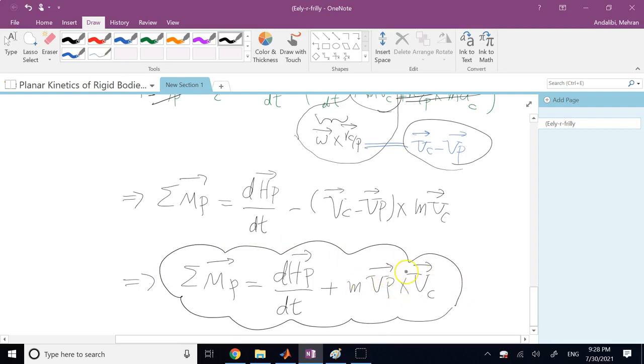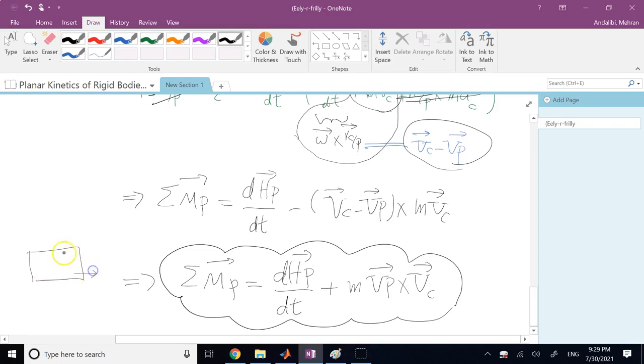You see there is an extra term here. Now, in the case of this example, if I focus on object A or object B, what's Vp cross Vc for object A? Well, for object A, it is moving straight like this.